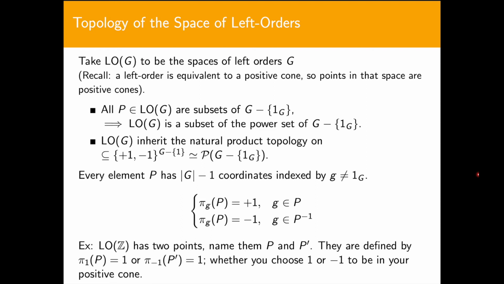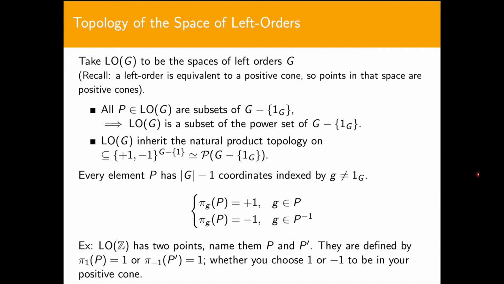And now every element P has cardinality of G minus 1 coordinates that are indexed by elements of G that are not 1. So for example, the coordinate of P at g is plus 1 if g is in P, and the coordinate of P at g is minus 1 if g is in the inverse positive cone.